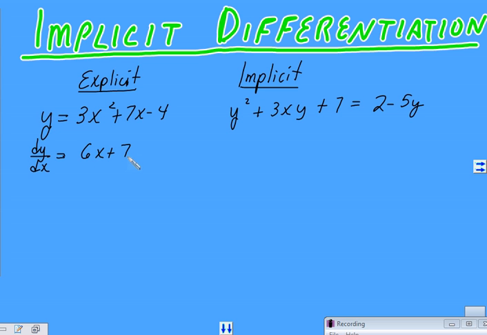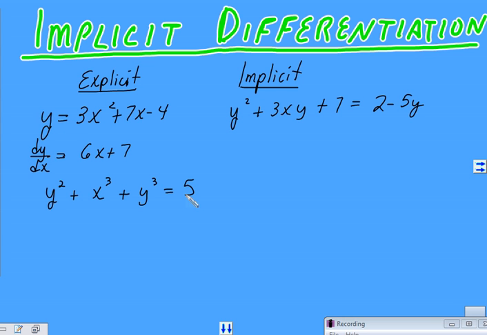I cannot come over here to the implicit function and say, here's what dy over dx is. Since I can't isolate y, I can't come up with its derivative either. So we're going to play our little pretend game with this function: y squared plus x cubed plus y cubed equals 5. Now, why is this an implicit function?